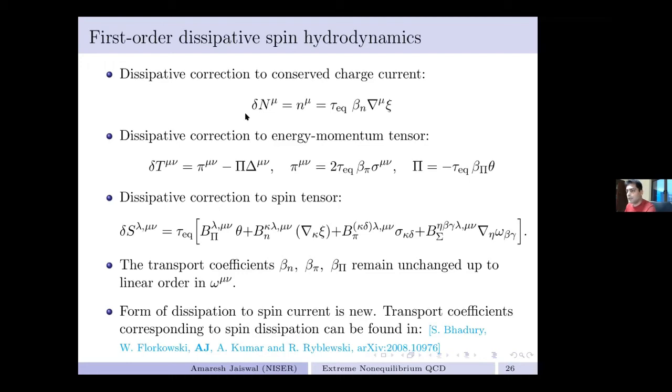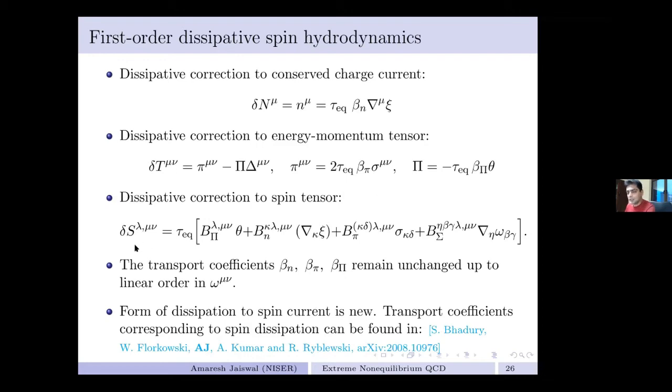So what we get here is that delta N^mu is the usual form; up to linear order in omega we do not have any correction in terms of gradients of omega. Similarly for delta T^{mu nu}, we get the shear stress tensor and bulk viscous pressure in the previously known forms, and we do not get any new contribution.